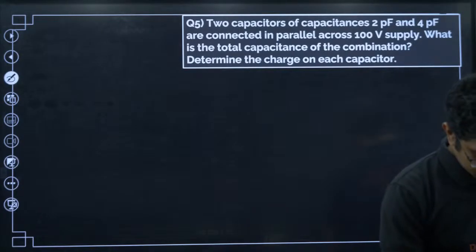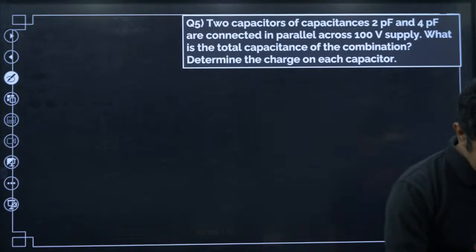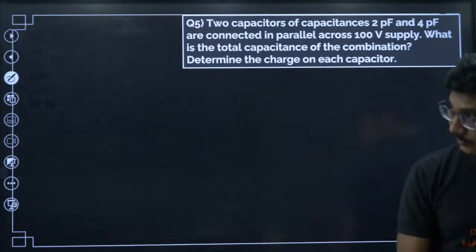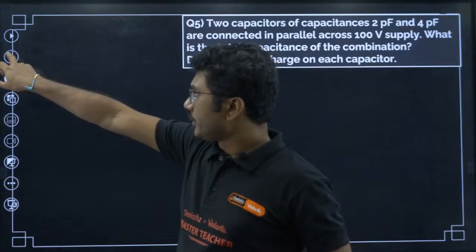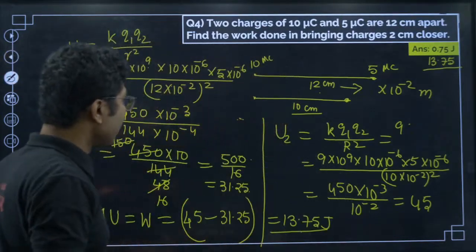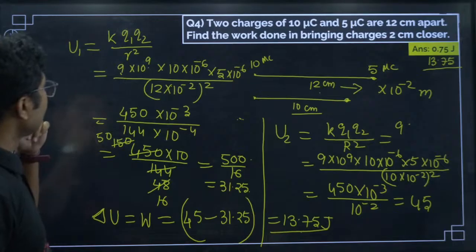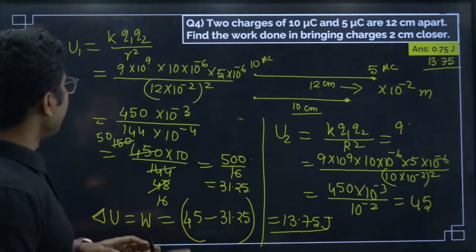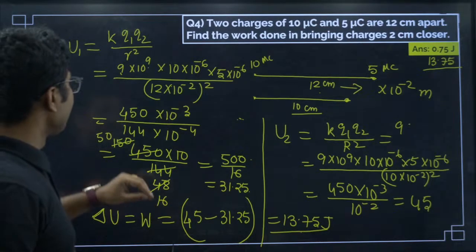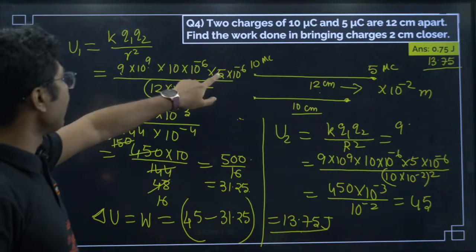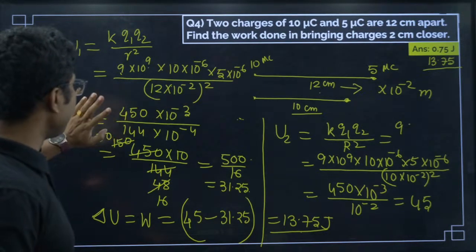Gurudatta, check your calculation once. Which value did you get? Let me check it once more. Wait. So 9 into 5 is 45. 45 is 10 into 450.